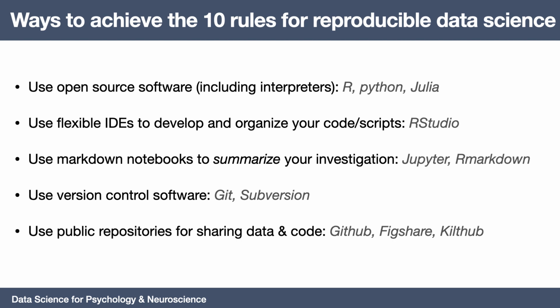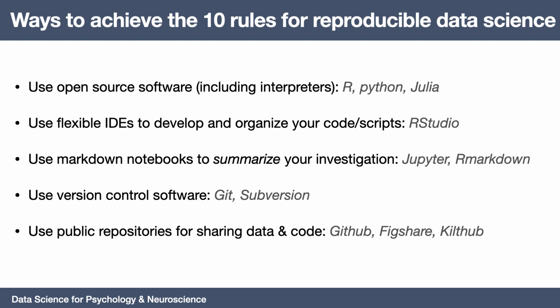This includes GitHub. We'll do a lot of work with GitHub. If you have files that are particularly big, you can use something like Figshare, or if you're at Carnegie Mellon University, KiltHub, which are ways of posting large data sets that give them a DOI, a documented number for identifying that data set. So you can publish large data sets and then link them through GitHub.